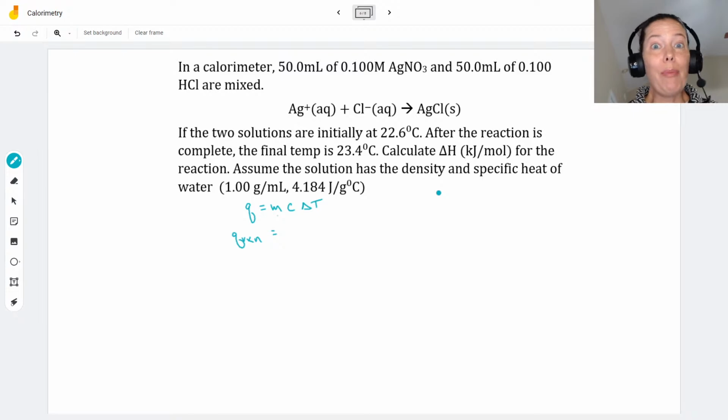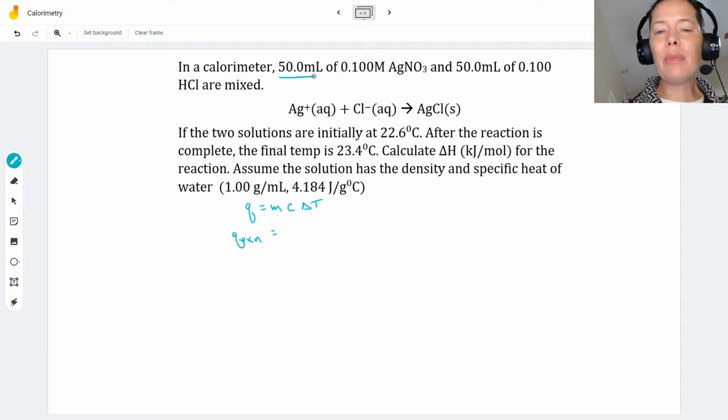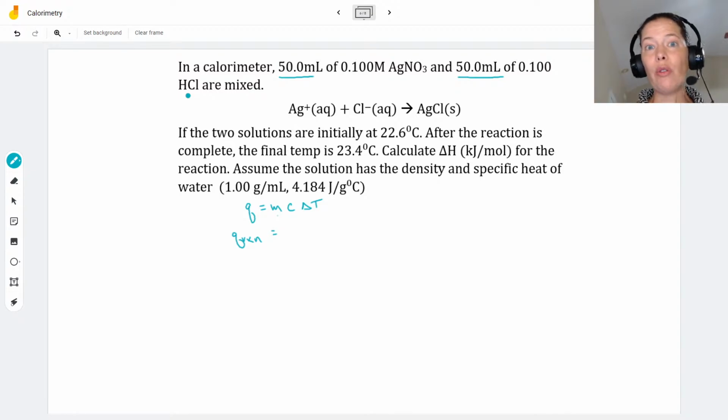But we definitely have a mass to this reaction, and the mass is coming from the two solutions that are mixed. So I have 50 milliliters of the silver nitrate and 50 milliliters of the hydrochloric acid. So those volumes are actually giving me my mass.